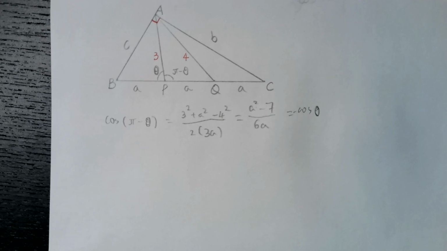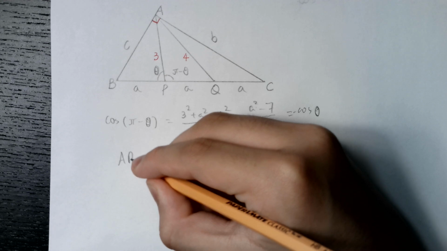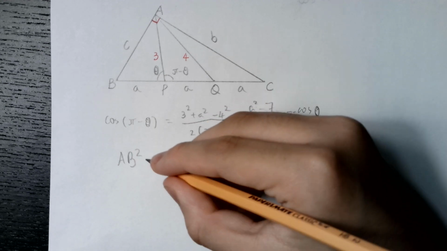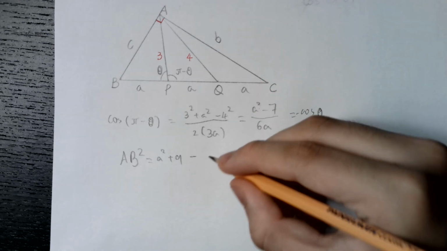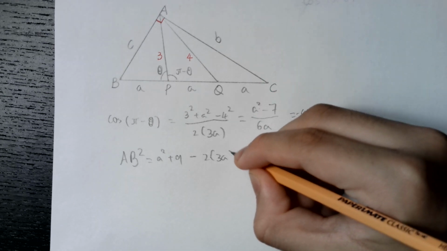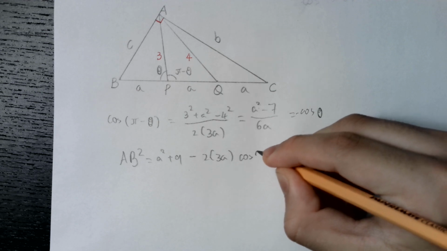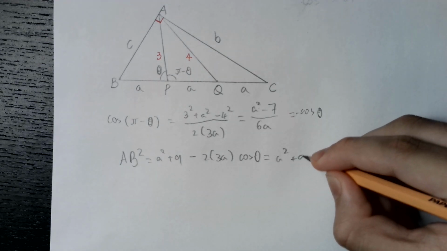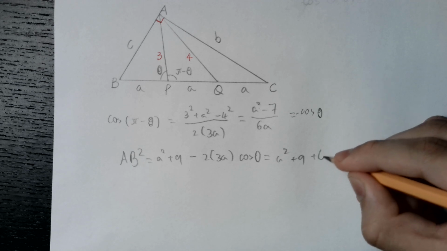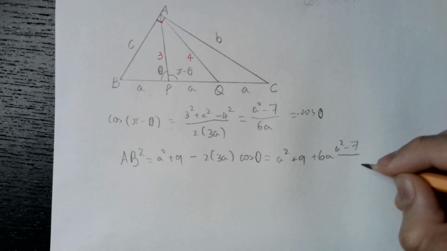AB squared is equal to a squared plus 9 minus 2 times 3a times cosine theta, which is equal to a squared plus 9 plus 6a times a squared minus 7 divided by 6a.